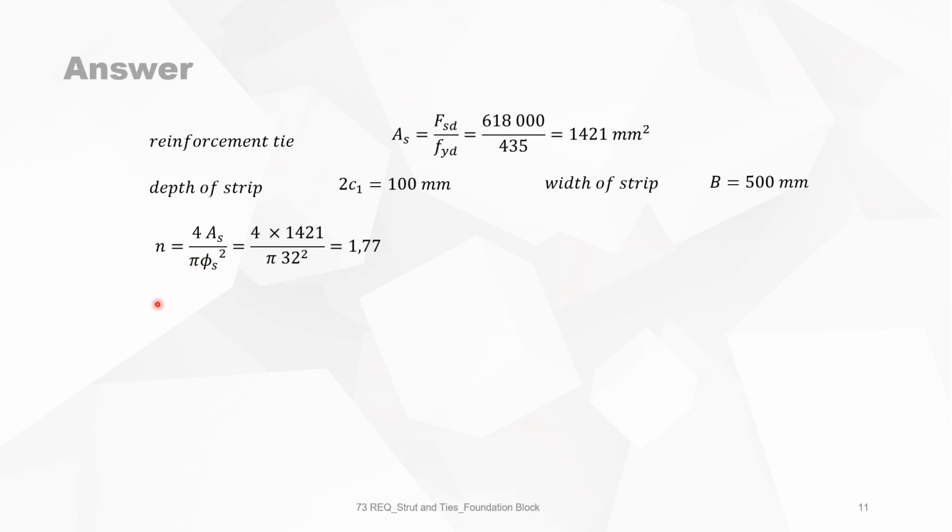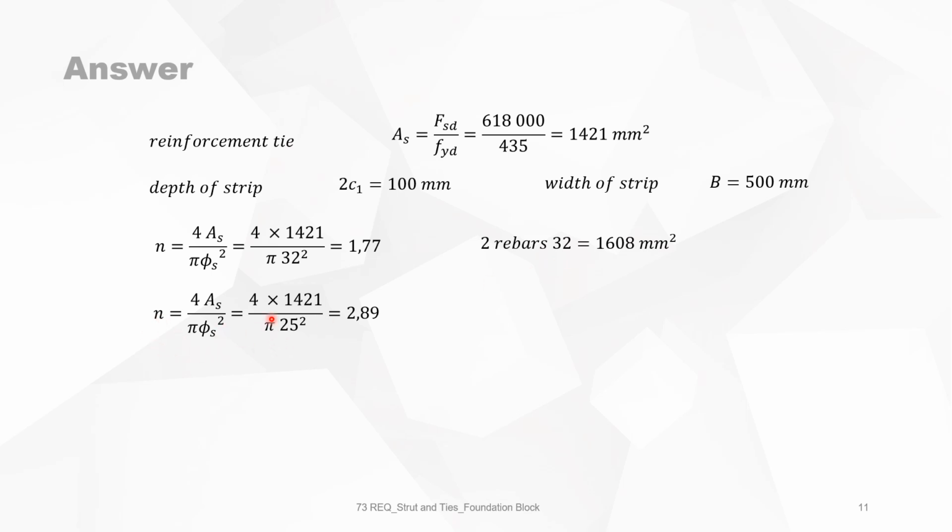There are different possibilities, but now we just show you how things work. The total needed reinforcement we know, and now we will test it for a certain number of reinforcement bars with a certain diameter. So we take first diameter 32, and you see for a diameter 32, we need 1.77 rebars, so 2 rebars will be okay.